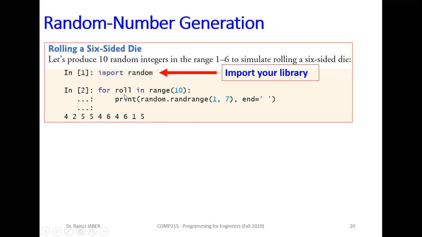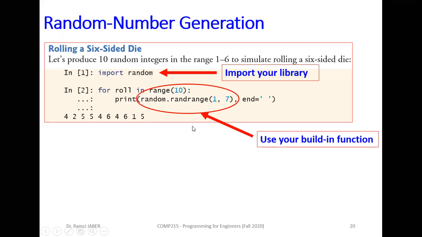So for roll in range 10 times, from 0 to 9, 10 times, print random dot randrange between 1 and 7. Okay? 1 and 7 will give us 6 numbers from 1 to 6. So use the built-in functions inside the library random.